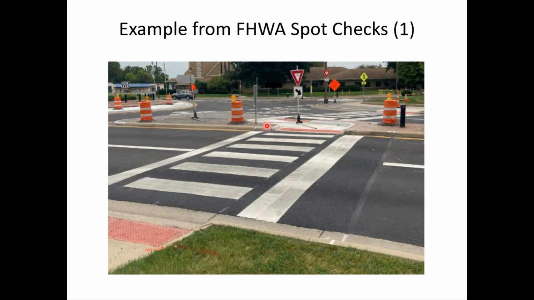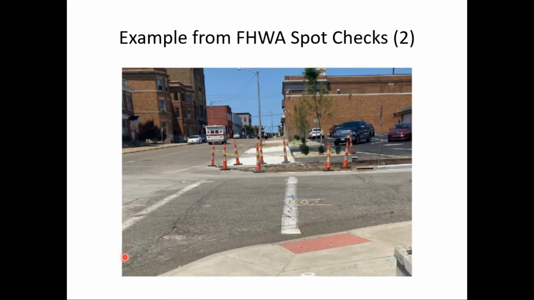But notice, the construction looks to be complete, but they have a portable yield sign with the feet placed right in that pedestrian path, pedestrian refuge area, and so it is not usable. I realize this is not permanent, but at least for the short time this is there, pedestrians, at least those with mobility impairments, are not able to cross there.